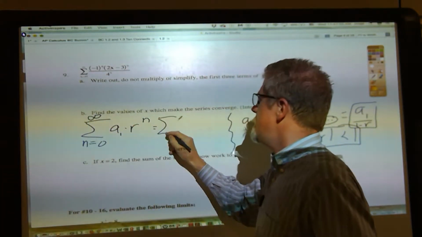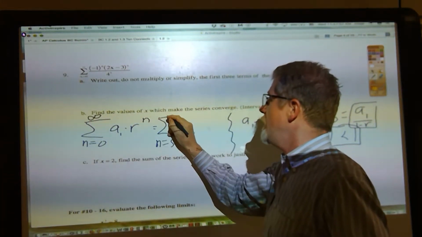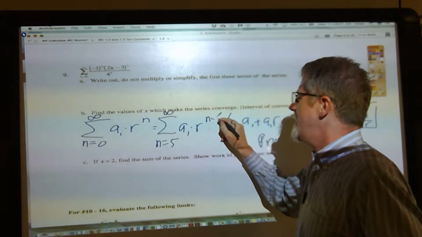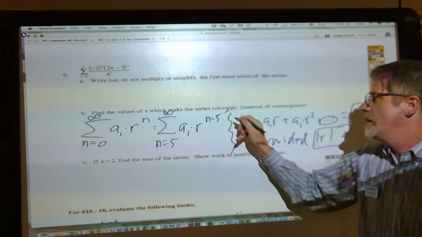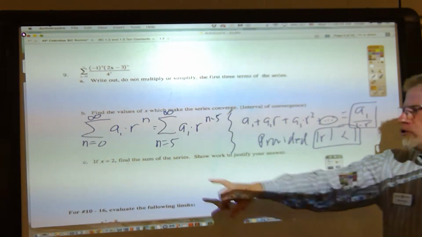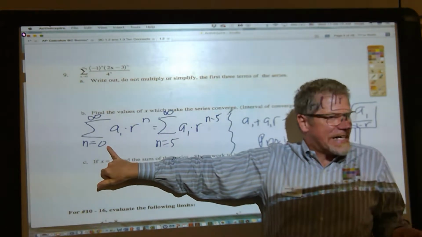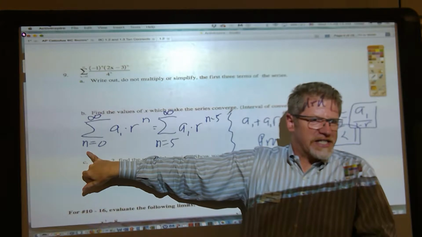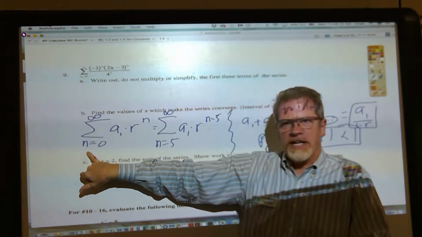Which is a somewhat arbitrary way to write it, because I could have also written it as the summation from n equals 5 to infinity of the first term times r to the n minus 5. I mean, it really doesn't matter what the first value of the index of summation is. It could be 0. Whatever letter is under the sigma is called the index of summation.